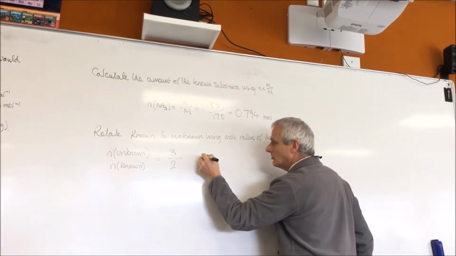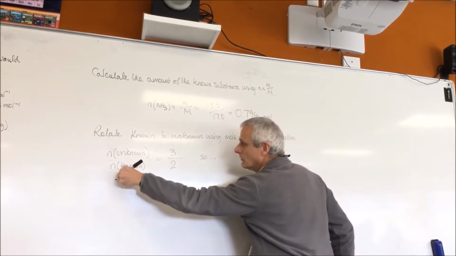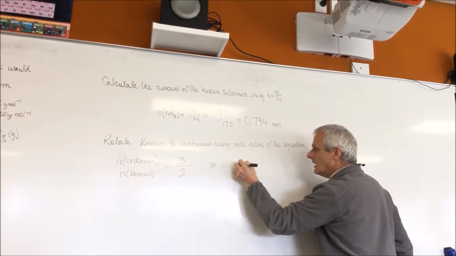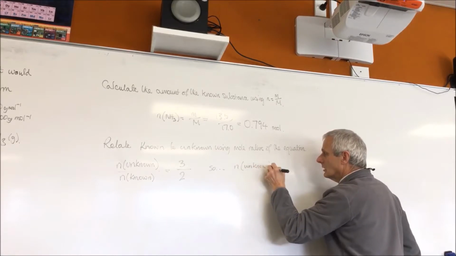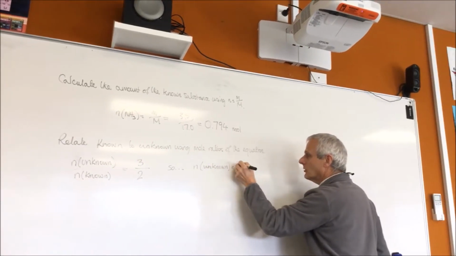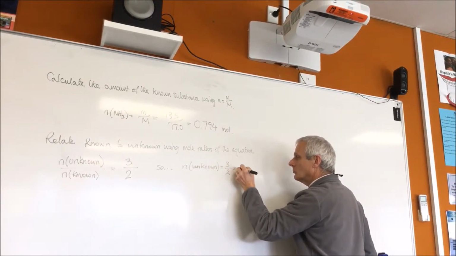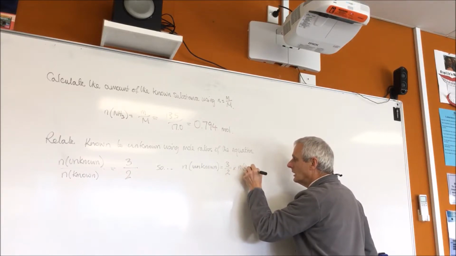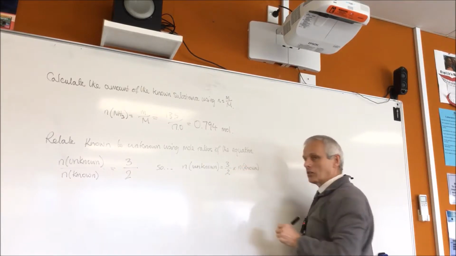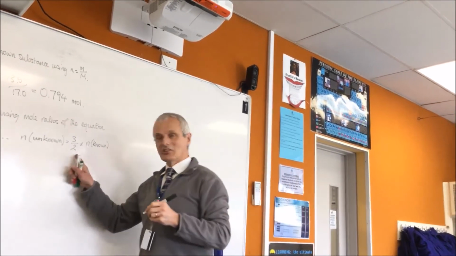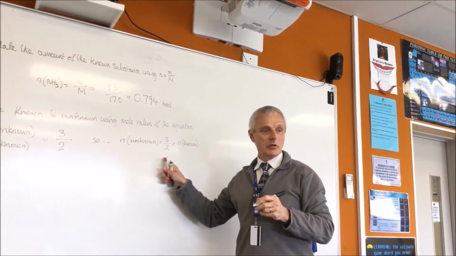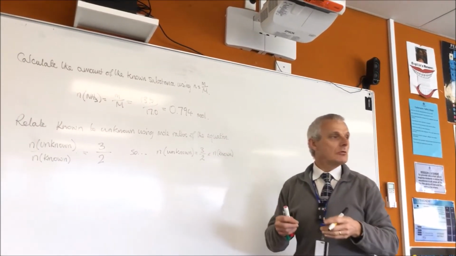If we rearrange that, moving the known up here, n unknown is equal to 3 over 2 times n known. In situations like this it really is best to do it this way, because it's so easy to get that the wrong way up, especially when you're doing some odd sort of ratio.